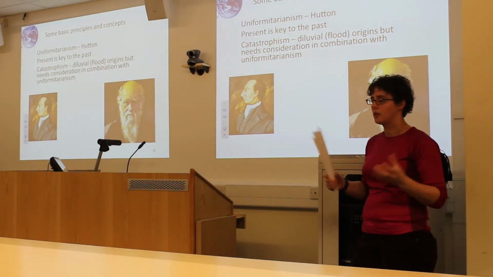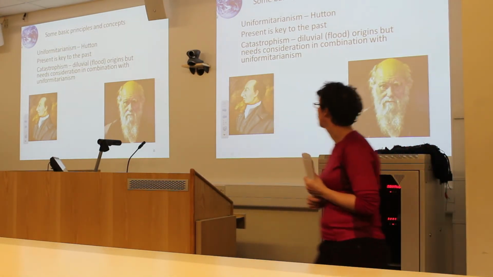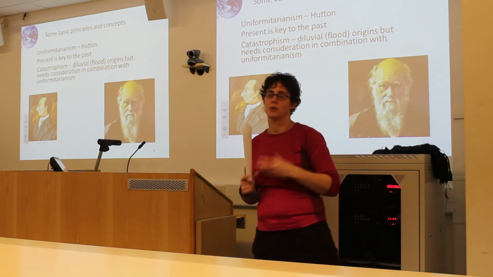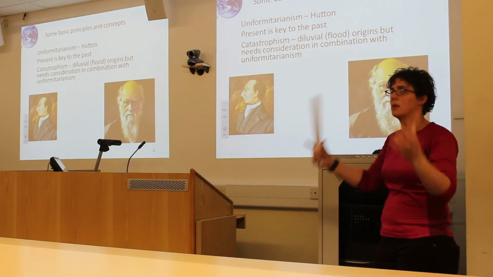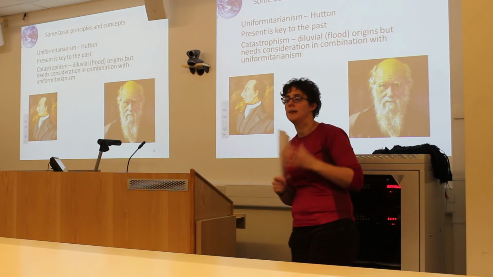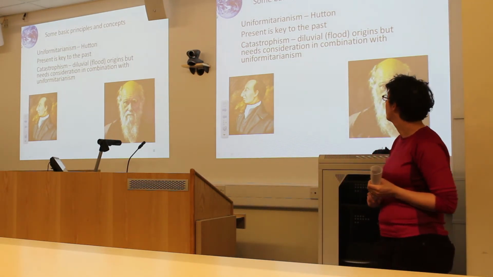So uniformitarianism got better press and became the dominant theory for a long time. But actually, neo-catastrophism, or recent ideas about catastrophism, have shown that sometimes change does happen in dramatic spurts, and that rates of change haven't always been the same in the past. And sometimes processes have been different, or at least acted at different rates than in the past.